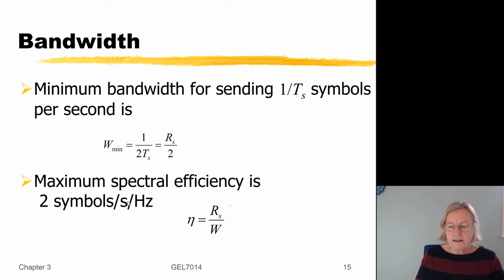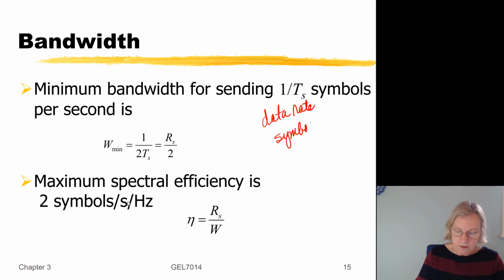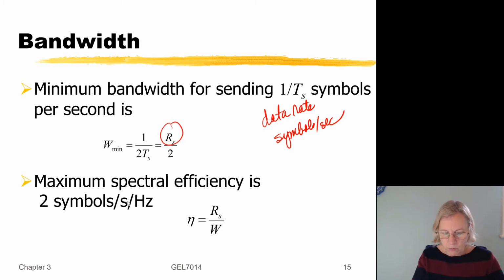So if we think of the data rate, how many symbols per second can we transmit? Well, that's what we know as R_S, the symbol rate. The symbol rate is just the inverse of the time of a symbol, T_S.